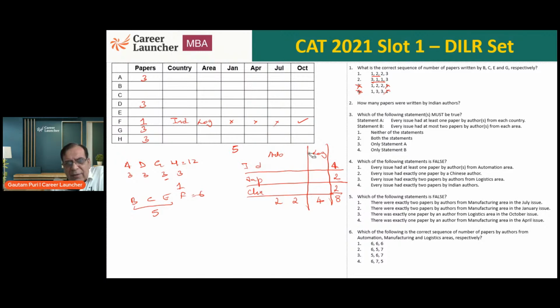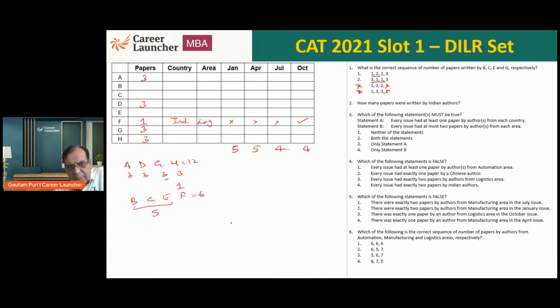I'll just erase this table and possibly make it a little below because I'll write here a bit. January was 5, April was 5, then 4 and 4. And the other thing, let me write at the bottom. China, India, and Japan. And we have automation, manufacturing, and logistics.